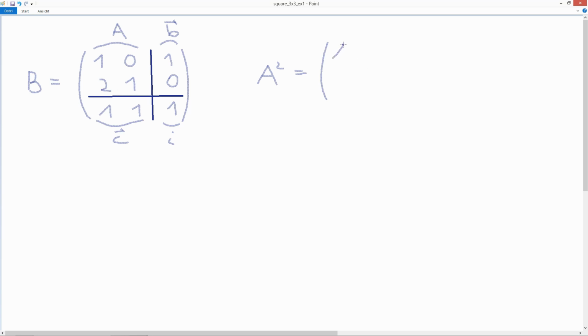So the first entry is 1. This entry here is 1 squared plus 0 times 2. So also 1. This entry here is 0 times T, which is 1 plus 1, so 0. And the last entry is 2 times T, which is 1 plus 1, so 4.